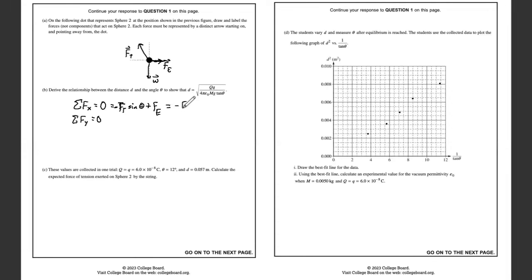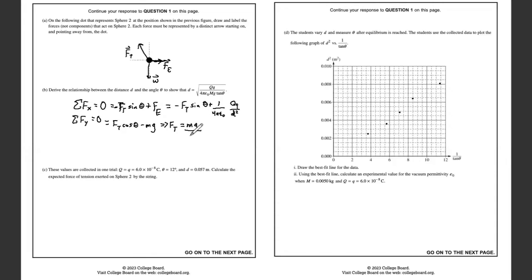So we know that that's going to be negative F_T sine theta, plus the electrostatic force, which is 1 over 4 pi epsilon naught times the product of charges over the distance between those charges, d squared. Now, the y components of forces, F_T cos theta minus mg, which is the weight force, is going to equal zero. From that, we don't have tension in our final expression, so let's go ahead and eliminate that by substituting.